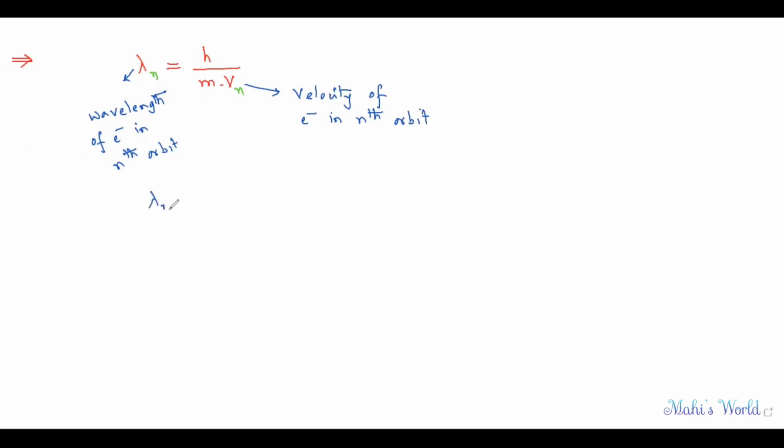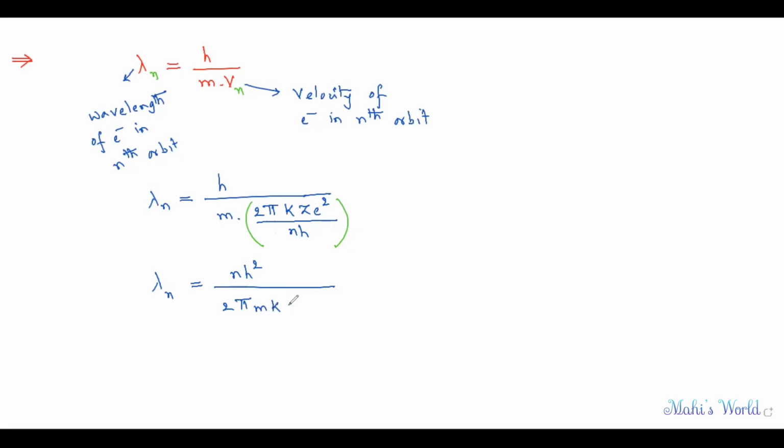Now let me substitute the expression for vn. We know that the expression for velocity of electron in nth orbit is 2 pi k z e square by nh. I've already derived this. So now this nh of course goes into numerator. Then this can be written as lambda n equal to n h square by 2 pi m k z e square.